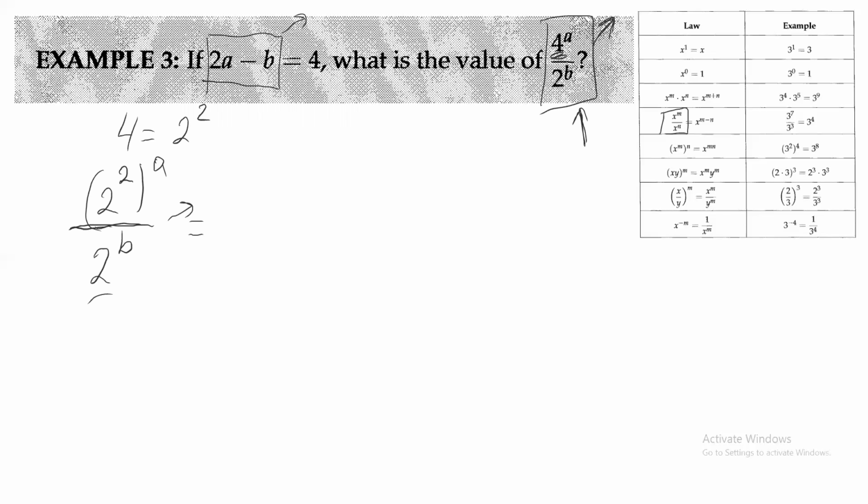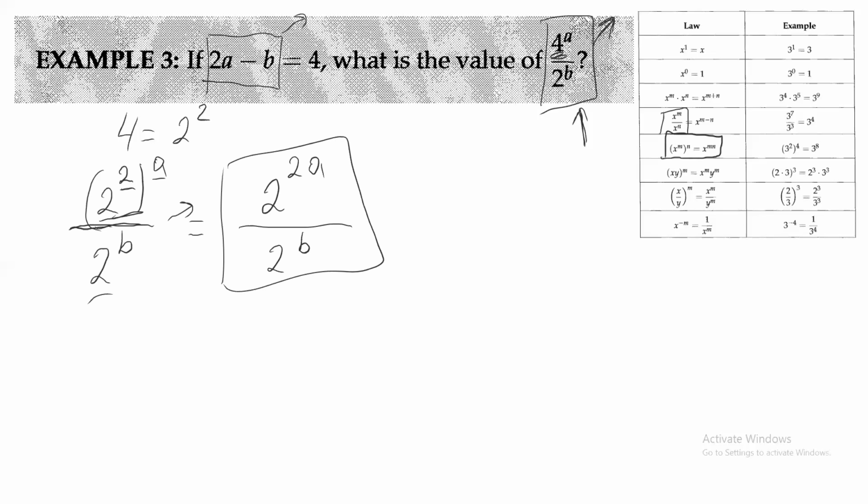First we have to simplify the numerator. We'll use law number 5, so these two powers will be just multiplied. It will be 2 to the power of 2a divided by 2 to the power of b. From this step, we can use law number 4, and this form can be turned into 2 to the power of numerator subtracted by denominator.